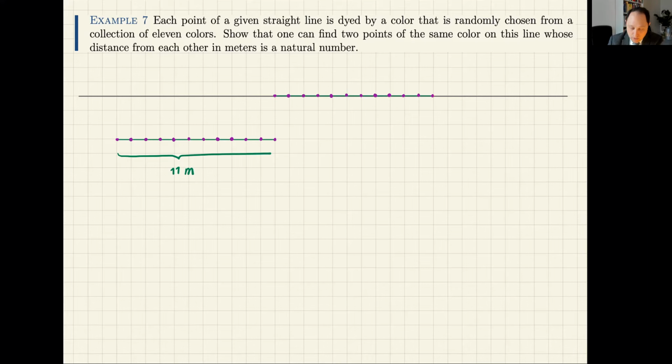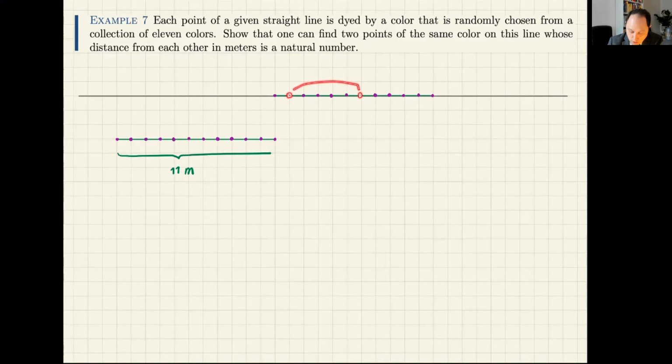And then it doesn't matter which 2 are of the same color. The distance from this one to this one is how much? 1, 2, 3, 4, 5 meters, which is a natural number in meters. It doesn't matter, if this one and that one are the points which are the same color, then the distance between these 2 is a natural number in meters. But this is inevitable, yes?